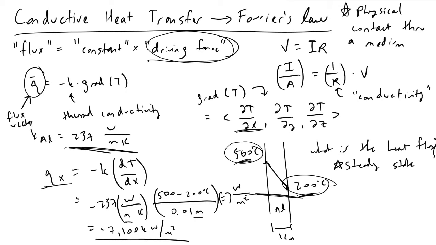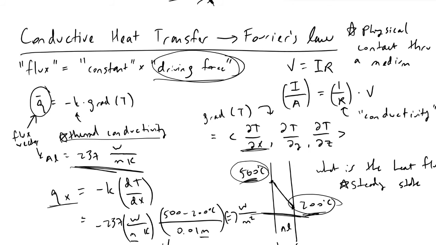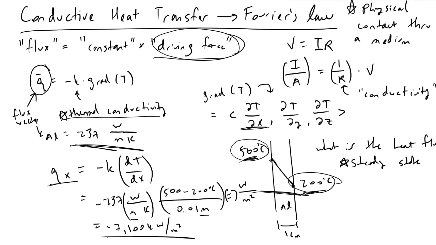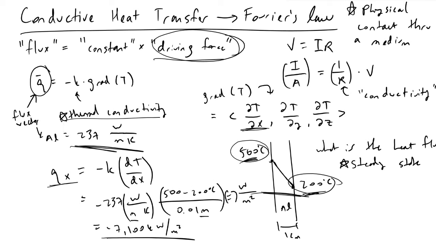But yeah, that is going to wrap things up for this video. Key thing to remember that I just made the mistake on was that thermal conductivity will have units of watts per meter per Kelvin, not watts per meter squared per Kelvin.